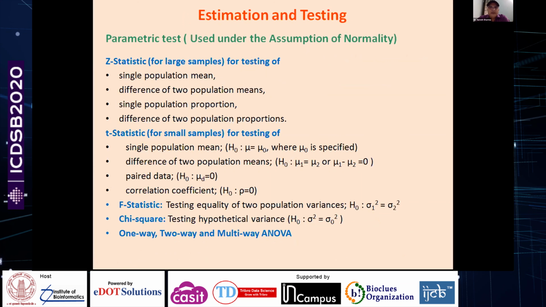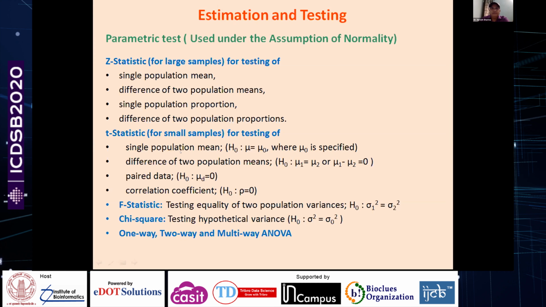Then as far as estimation and testing are concerned, people are very much aware of the t-test, F-test, chi-square test. I will not discuss all this, but they can be used. Let's say I'm looking at testing, for example, whether I can say that the FPKM value, which is called fragments per kilobase per million, is equal to 50 or not. So I can use, for a particular region, a one-sample t-test.